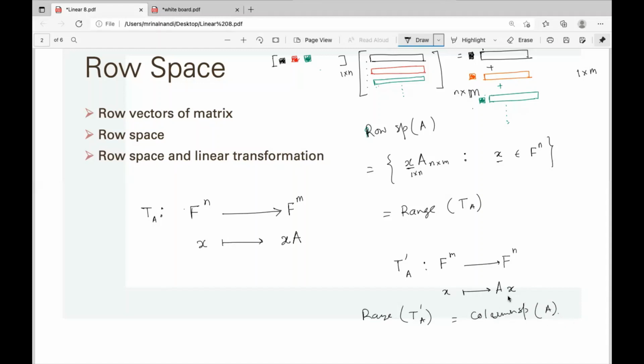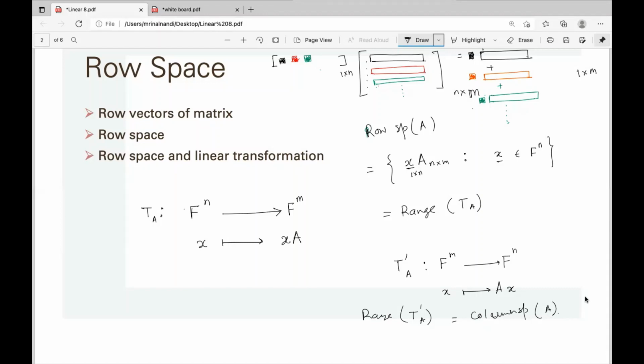Because when you post multiply by X, the first element of X will be multiplied with the first column of A, and this first element of X has no effect on the other columns. So it is just the first element of X scalar multiplied with the first column vector.